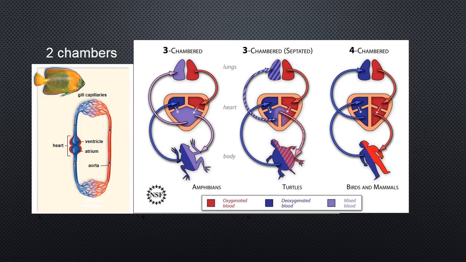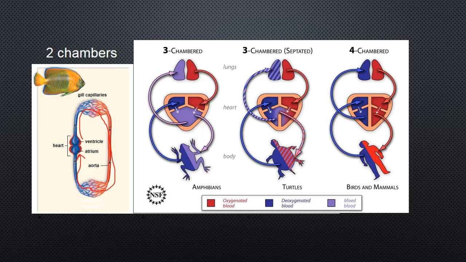Our fish have a 2-chambered heart, so 1 atria, 1 ventricle, and within that heart, the ventricle pumps that blood out to the gills where it gets oxygenated, and then it comes back into the atria. Very simple system.